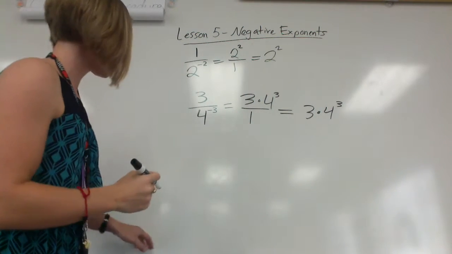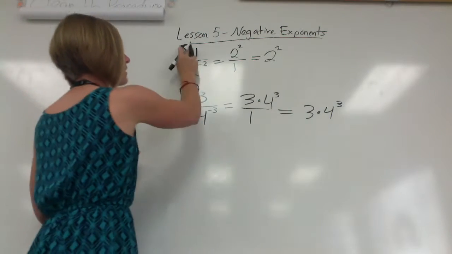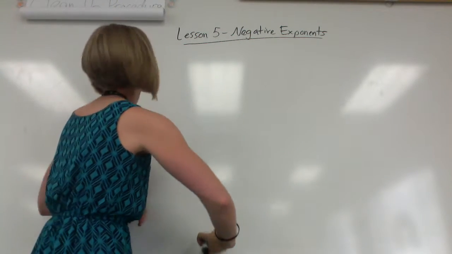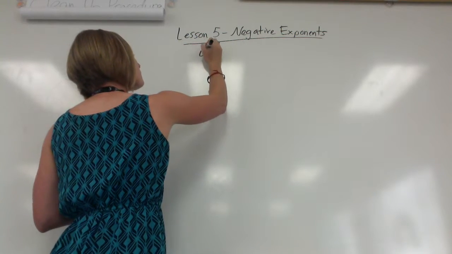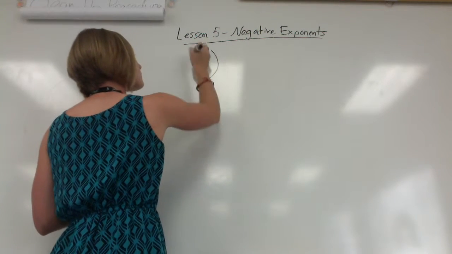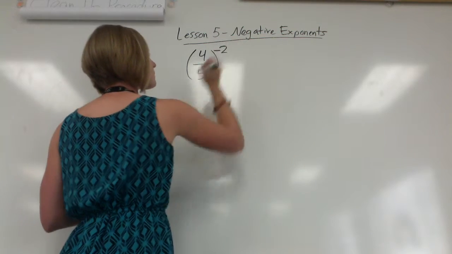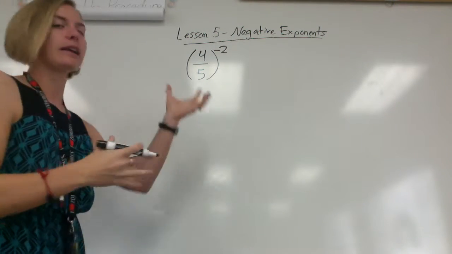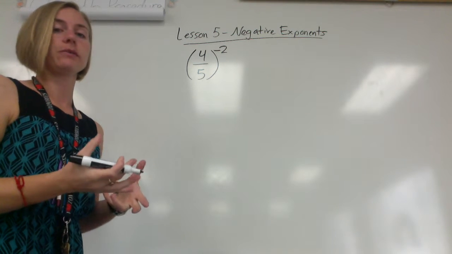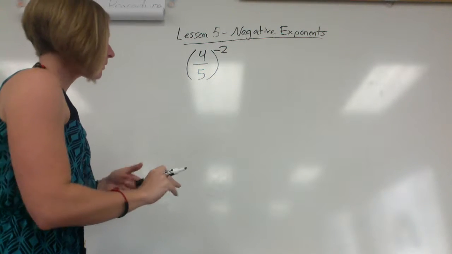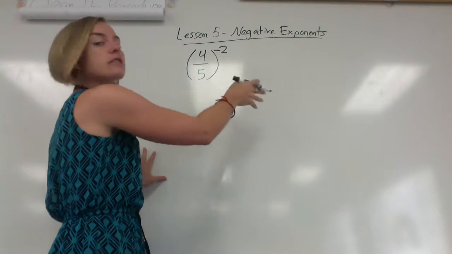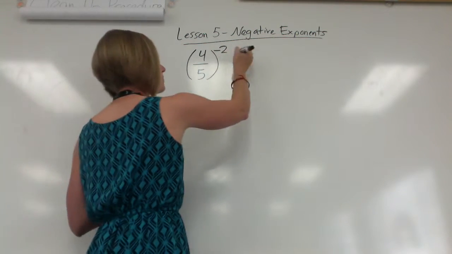Okay. Now let's look at a different case. Let's say we had an entire fraction in parentheses to a negative power. There's 2 different ways to think about this. One way to think about this is that we can essentially distribute that -2 to each of these things.